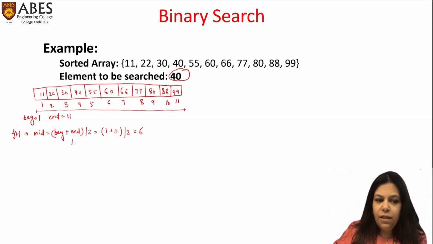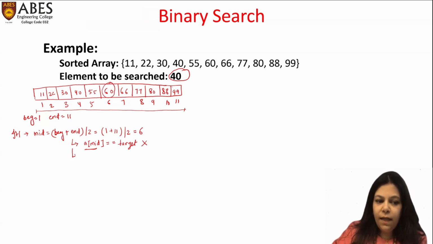Now in every iteration, there will be 3 cases. Firstly, we have to check whether the value at middle position is equal to target or not. If we have found the value at the middle position, then the search will stop here and we will return the middle index. But in this case, as you can see, the value of A mid here will be 60, which is not equal to the target value.